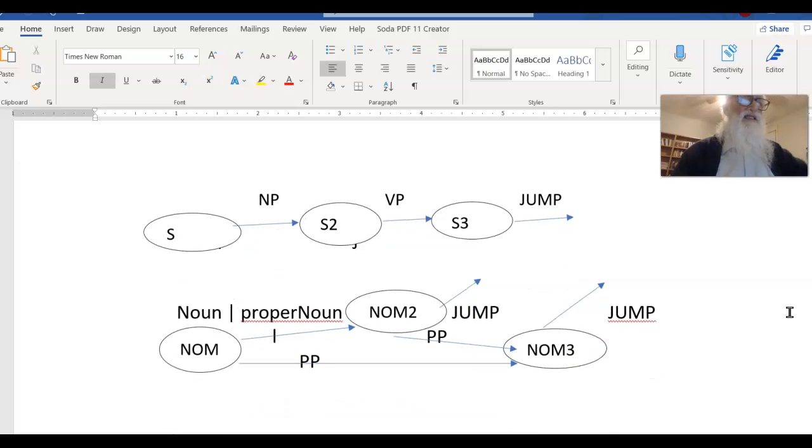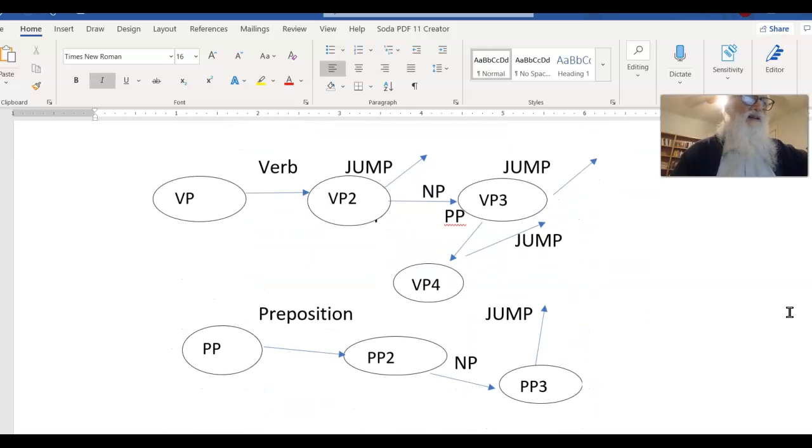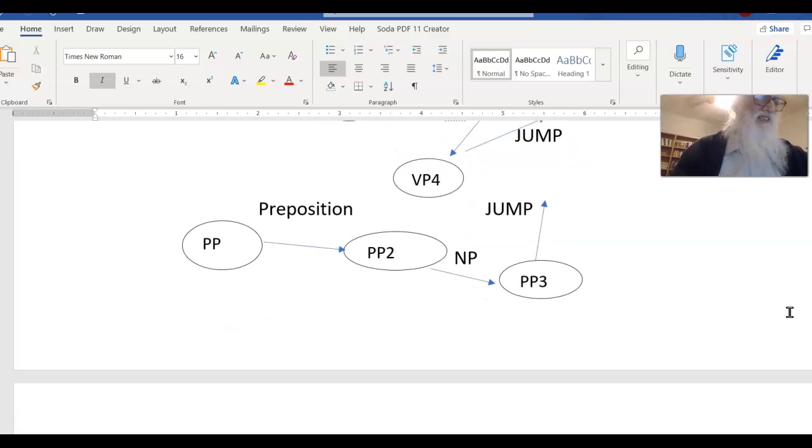Oh, these are the rest of the networks. There's the S again. There's nominal, there's verb part, and there's preposition part. And I already had noun part up above. I just couldn't bear the thought of having to copy it down here again. You can see it up above.